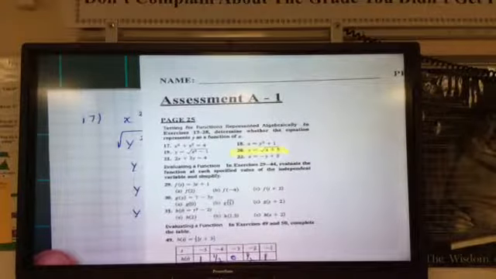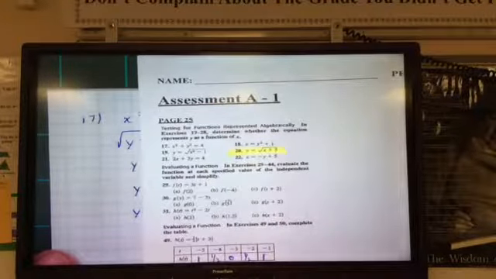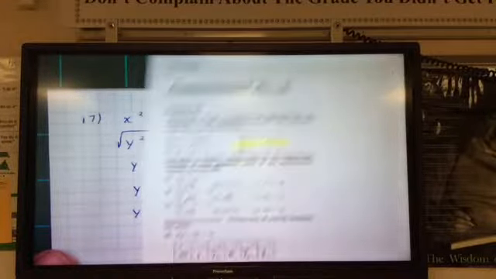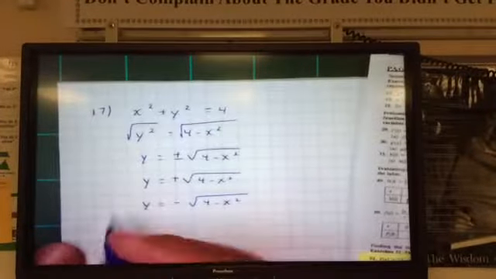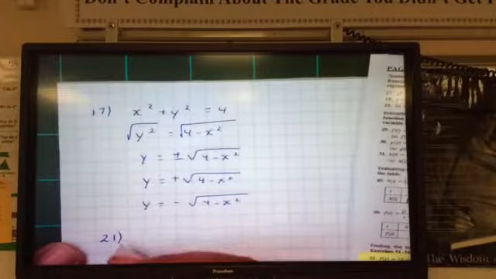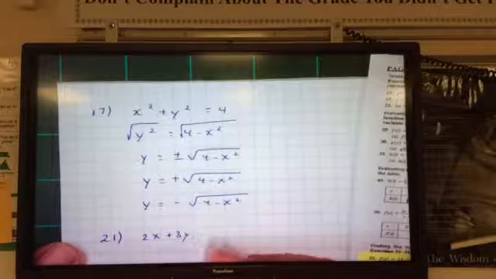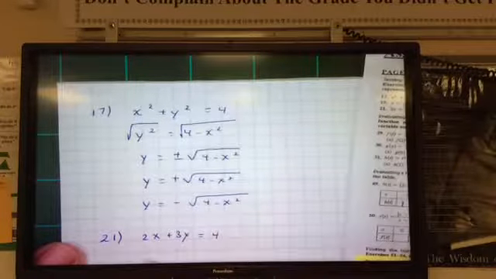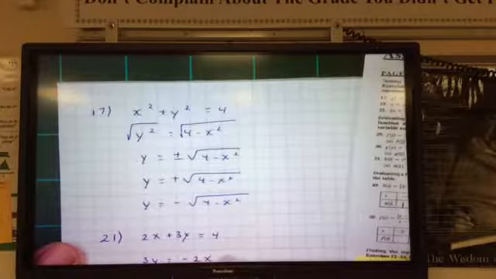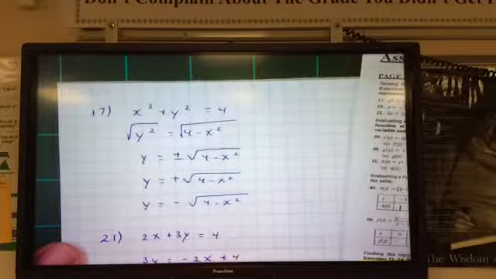Now let's look at another one here. Let's look at number 21. Now number 21 says 2x plus 3y equals 4. So 3y equals negative 2x plus 4, and y is equal to negative 2/3 x plus 4/3.